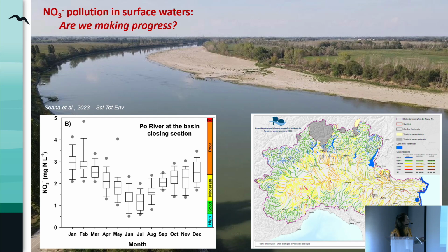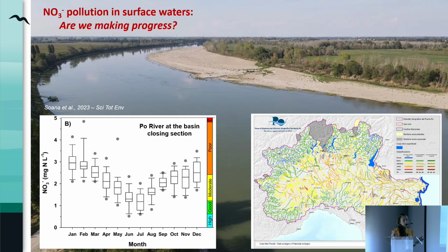of our study area. If you look at the graph on the left, you can see the seasonal evolution of nitrate concentration at the Po River Basin closing section. And you can see that for the most part of the year, the nitrate concentrations are in moderate or poor condition.